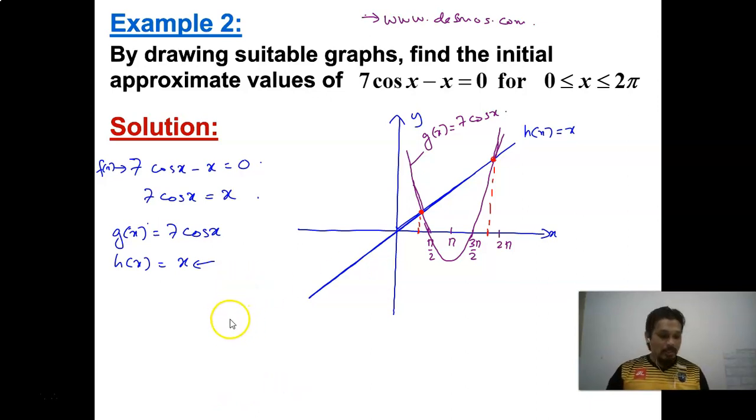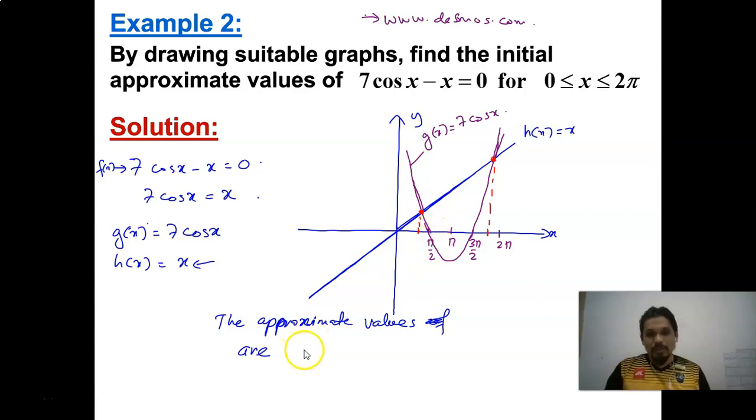So I just recall referring to the notes. The approximate values of x are in between 0 and pi over 2. You can roughly decide on your own.